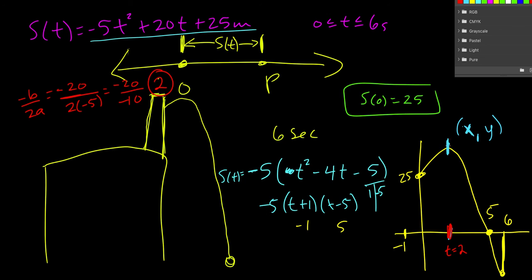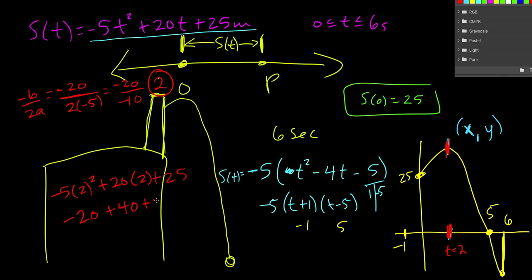And then to find what the y value would be, we're just going to plug that into the original equation. So I'll write that right here. I'm going to plug in 2 for all of the t's. 2 squared is 4. 4 times negative 5 is negative 20. 20 times 2 is going to give us positive 40.